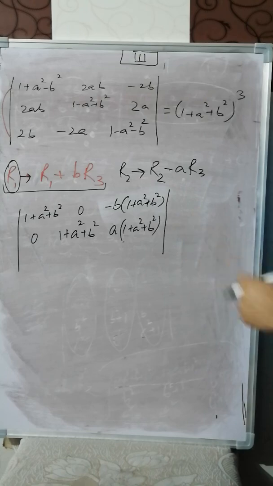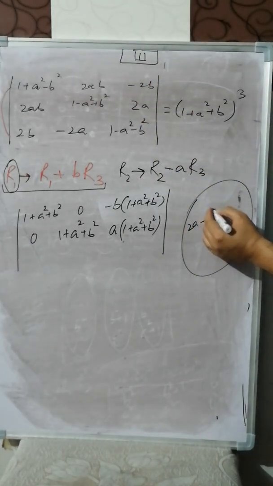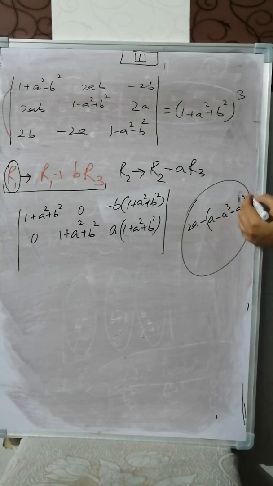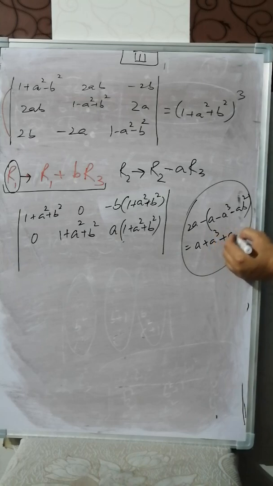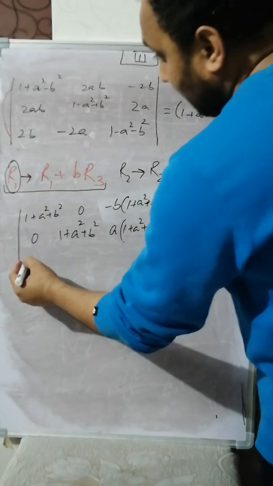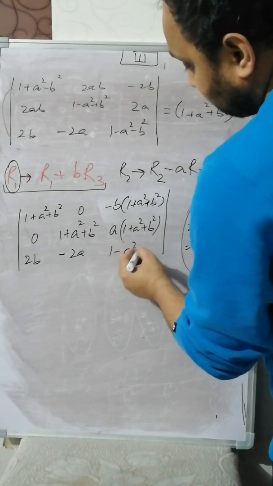You can check the calculations please. It will be twice of a minus, ब्रैकेट में a माइनस a से मल्टीप्लाई हो रहा है सारा ये, ठीक है। तो उसके बाद हो गया a क्यूब और माइनस a b स्क्वायर। तो इसको जब आप सॉल्व करते हैं ये बन जाता है a प्लस a क्यूब प्लस a b स्क्वायर, you take a out, 1 plus a square plus b square, and last this will remain as it is.